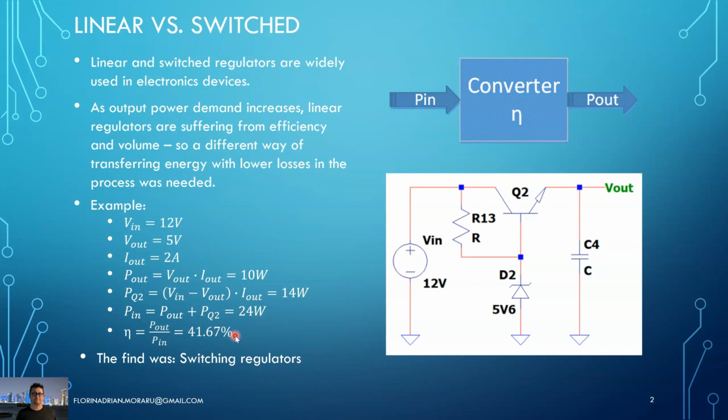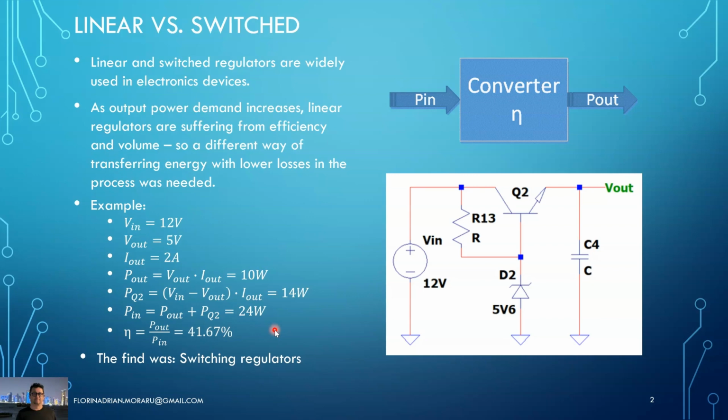So the biggest problem, as you can already imagine, is the efficiency. We are providing 10 watts to the load, but we are consuming 24 watts. So we have a very low efficiency, like 41, 42%. Okay, so that was the main reason why switching regulators were invented in the end.